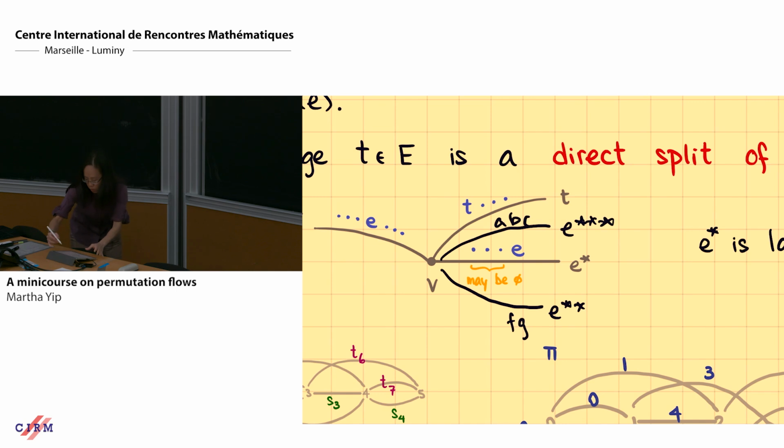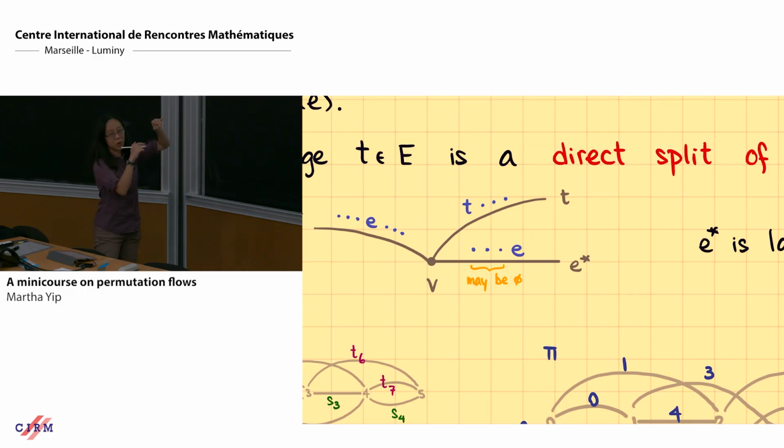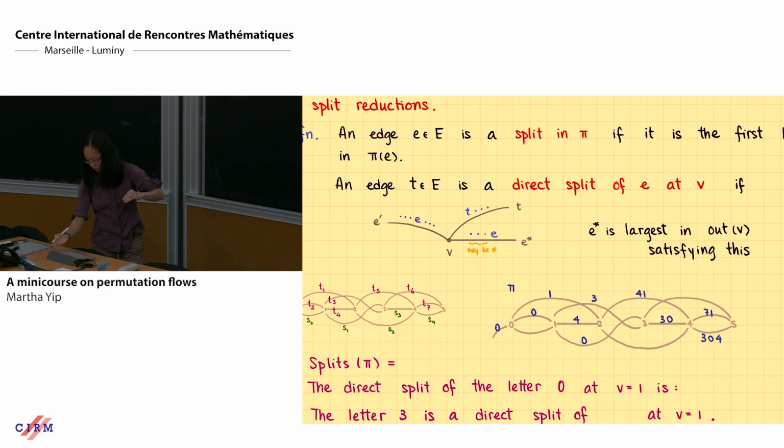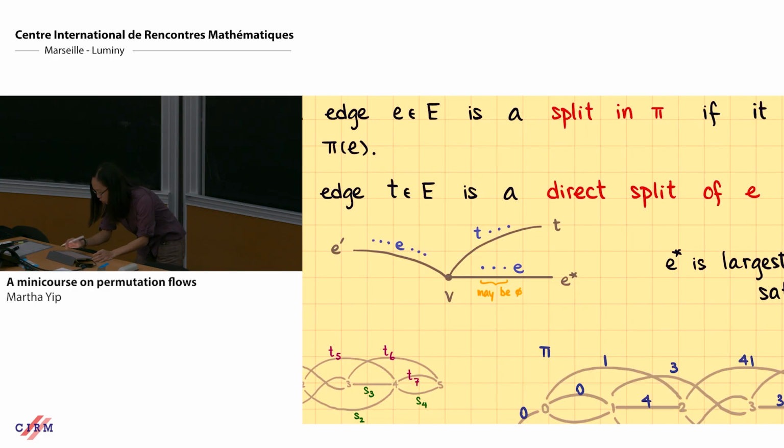It takes a lot of words to try to write this down. I was hoping a picture would make it clear, but maybe not. There are no more edges in between here. So here's a caveat. There could be an edge, you'll see in the diagram in a second.